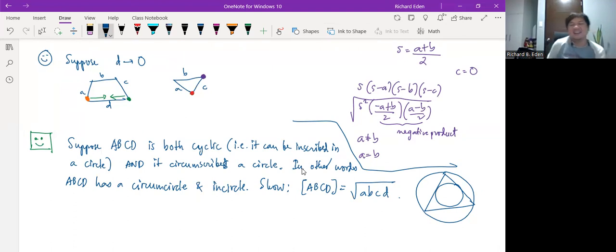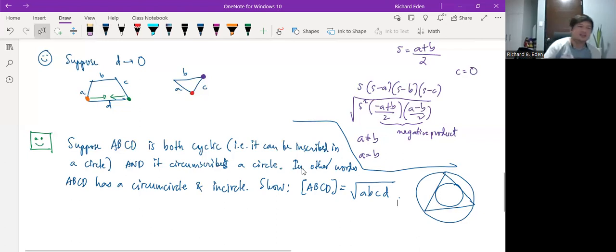All right. Okay. So if it has a circumcircle, then Brahmagupta's formula should be applicable. However, it also has an incircle. So I'm gonna let you think about that. So apparently, we should be able to come up with relationships between the four sides.